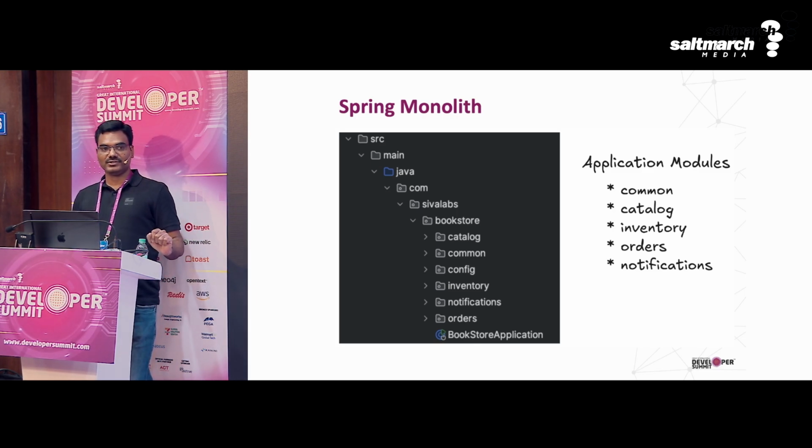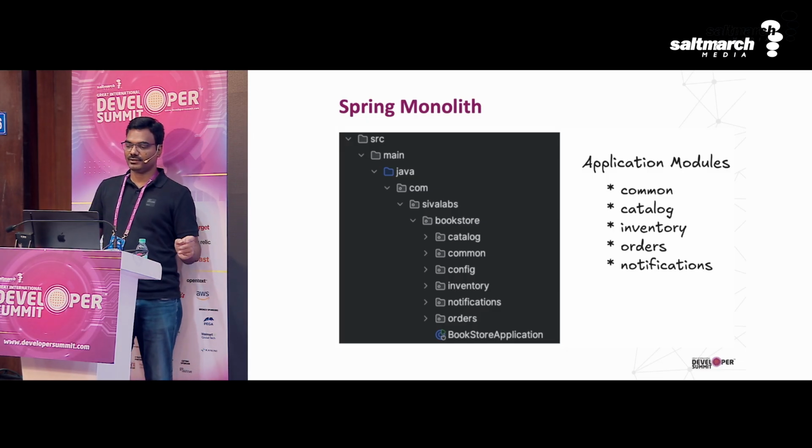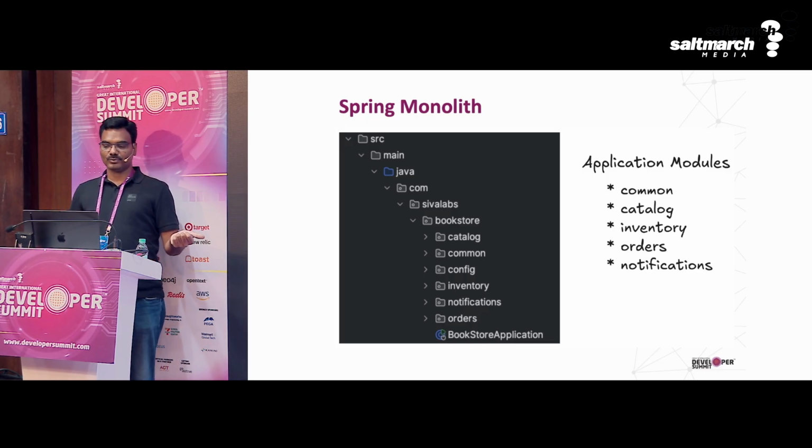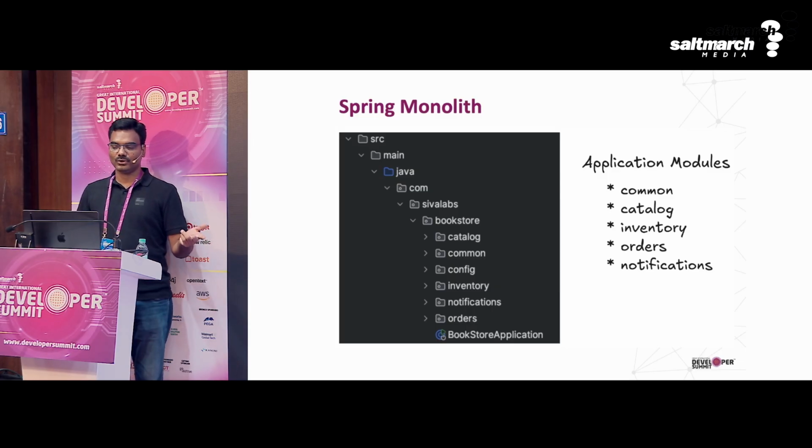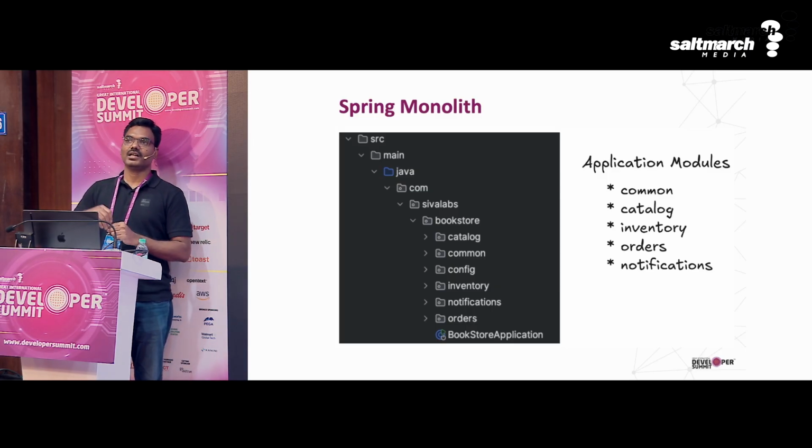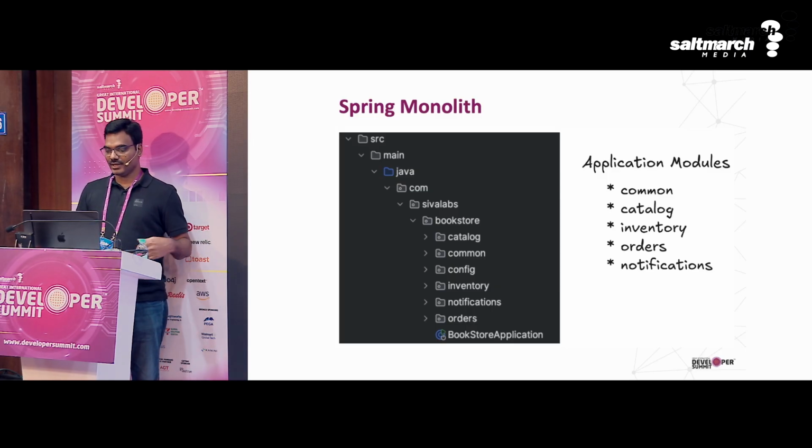Now Spring Modulith says the bookstore package is called the root package, the root module, and all the direct sub-packages are considered modules. So here we have the catalog, common, config, inventory, notifications and order modules. These are all the modules we have.